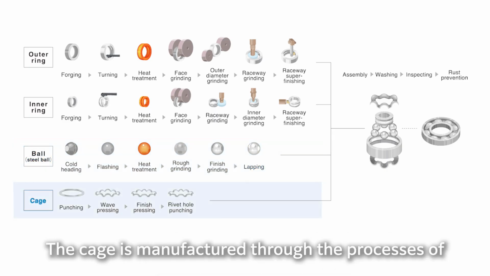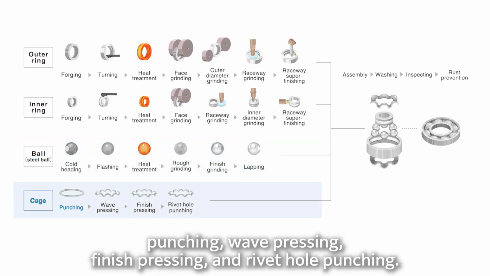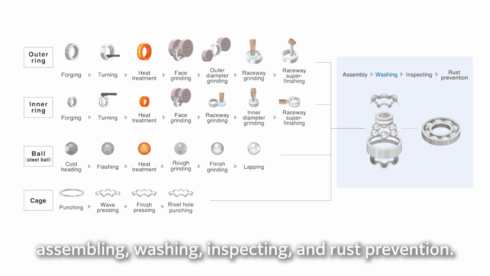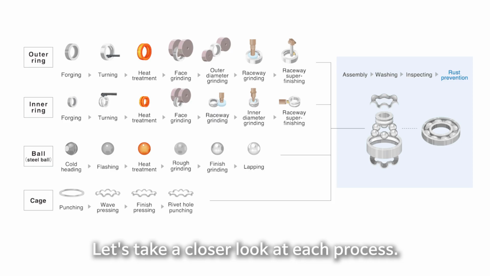The cage is manufactured through the processes of punching, wave pressing, finish pressing, and rivet hole punching. The bearings are then completed with assembling, washing, inspecting, and rust prevention. Let's take a closer look at each process.